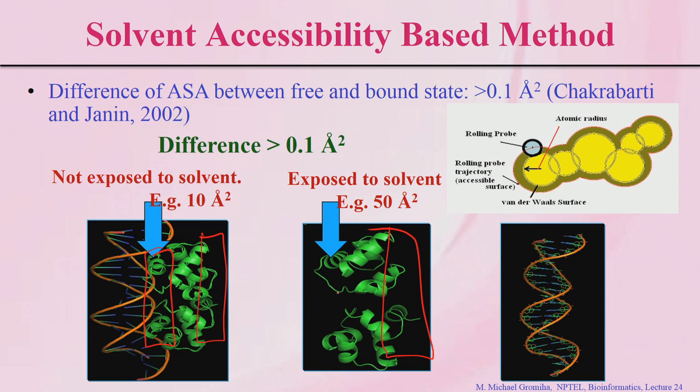So it has a higher accessible surface area than in the complex state, because here it is hindered by the DNA; this region is covered by the DNA, hence the area will be less. So, if you compare the solvent accessibilities of the complex and the unbound state, and there is a difference in accessibility, then what can we say?